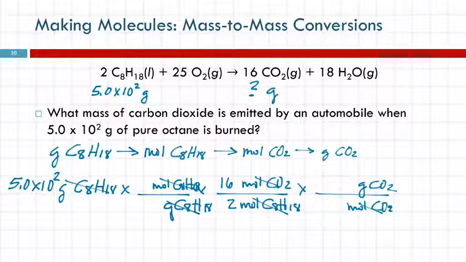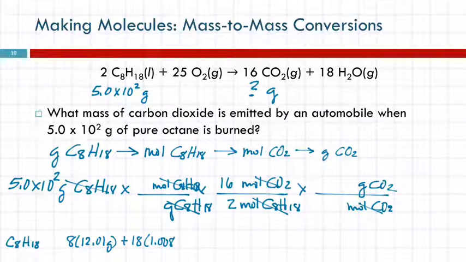Okay? Now we're going to need the periodic table because these conversions involve molar masses. So we have to calculate some molar masses. So for C8H18, that's 8 times the mass of carbon plus 18 times the mass of hydrogen. 8 times 12.01 plus 18 times 1.008.